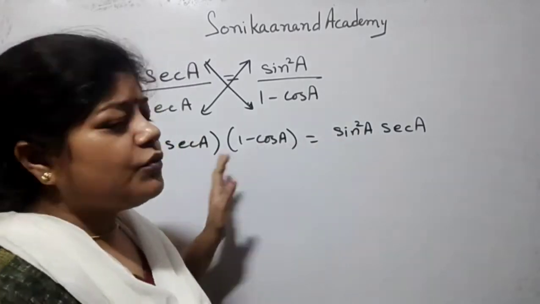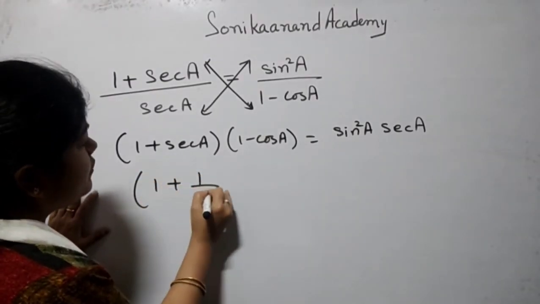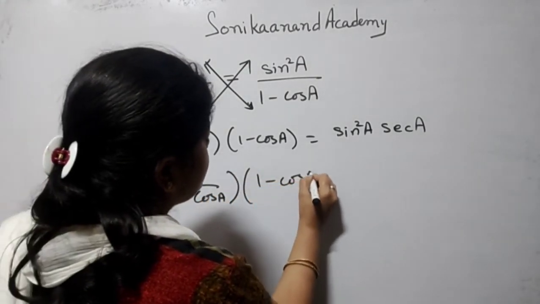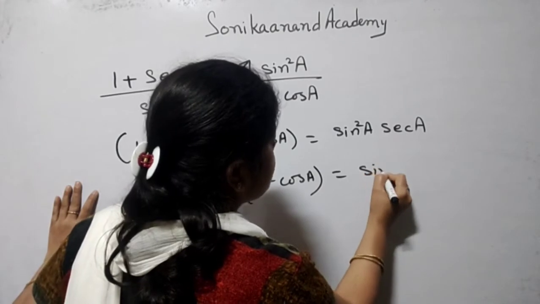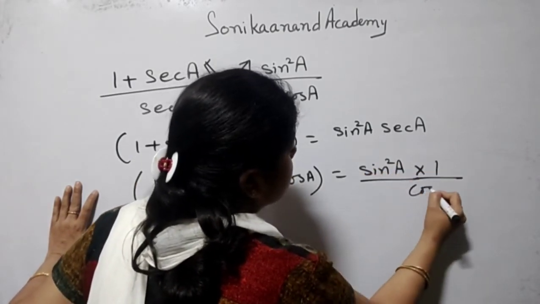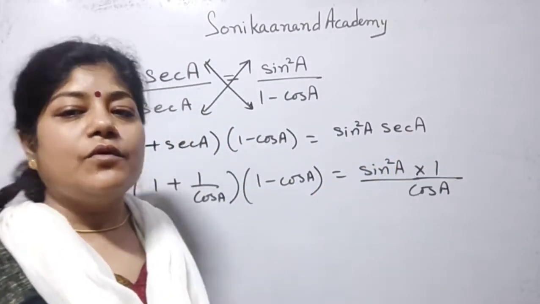Now we don't get any result. So what we do is convert sec a to 1 over cos a, and 1 minus cos a, and here we get sine square a over 1 by cos a, because 1 by cos a is the inverse of sec a.